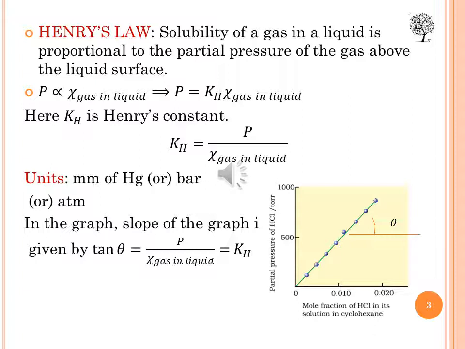Instead of y you have partial pressure and instead of m you have Kh. So tan theta is the slope, and m is your Kh. So Kh is the slope. That's what is shown in the diagram.